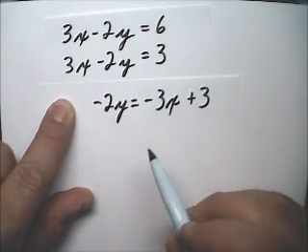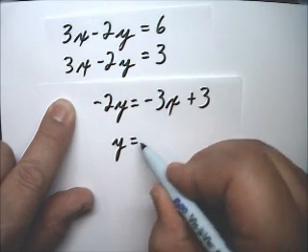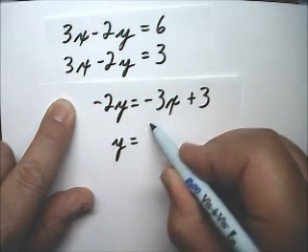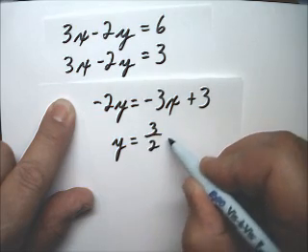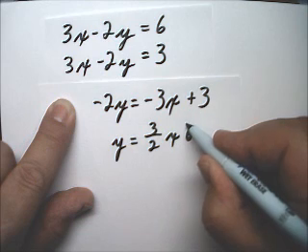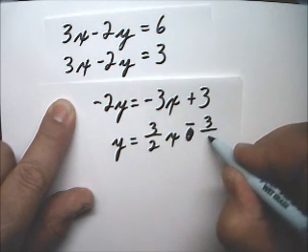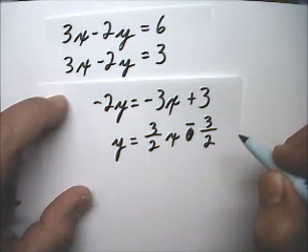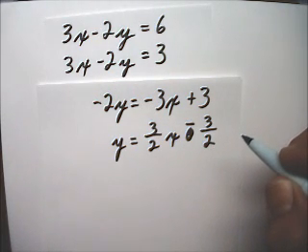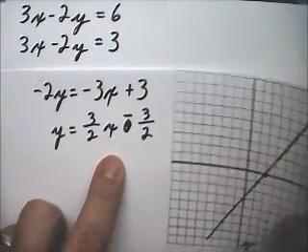And now when I divide both sides by -2, I get y equals 3/2 x minus 3/2. Okay, it's not too pretty, but I think we can do this.